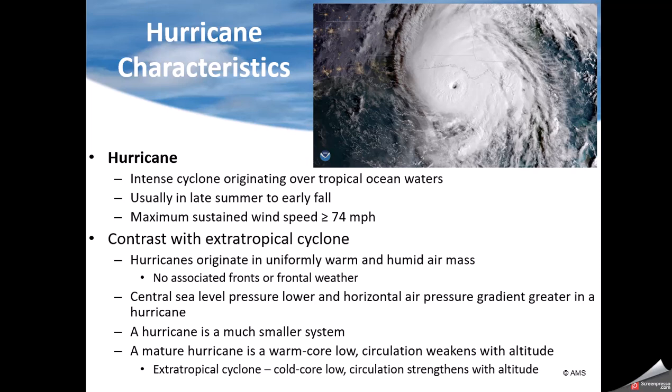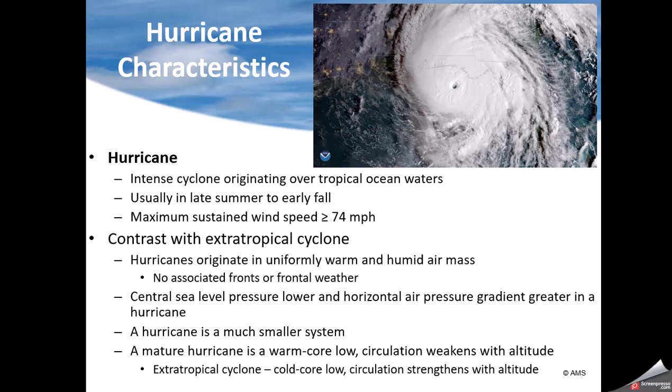Sea level pressure is a lot lower, and the horizontal pressure gradient is extremely intense, very tight, especially near the eye. A hurricane is also a much smaller system, where extratropical systems may cover 1,000 miles or more. A hurricane may only be 100 to 200 miles across sometimes.